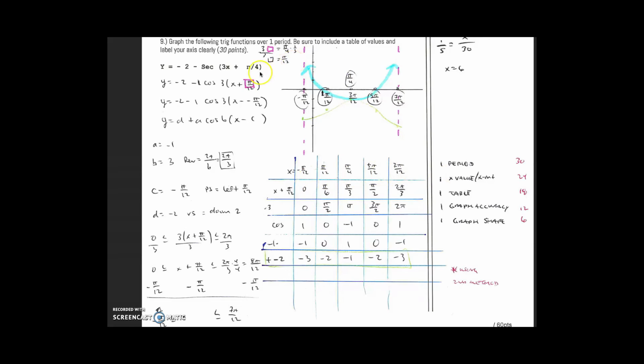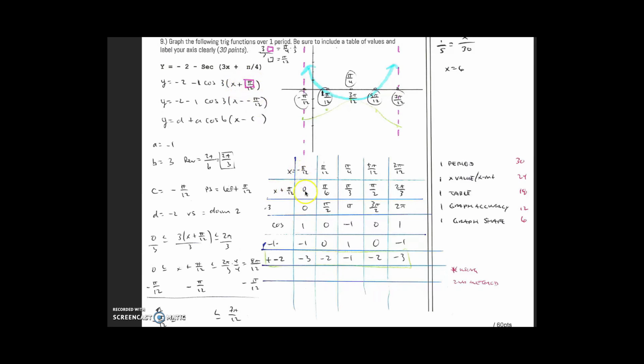And basically what I'm going to do is work from right to left, essentially using the order of operations. So now that I have my x values here, I use the factor form here. With my x value, I'm going to add pi over 12.